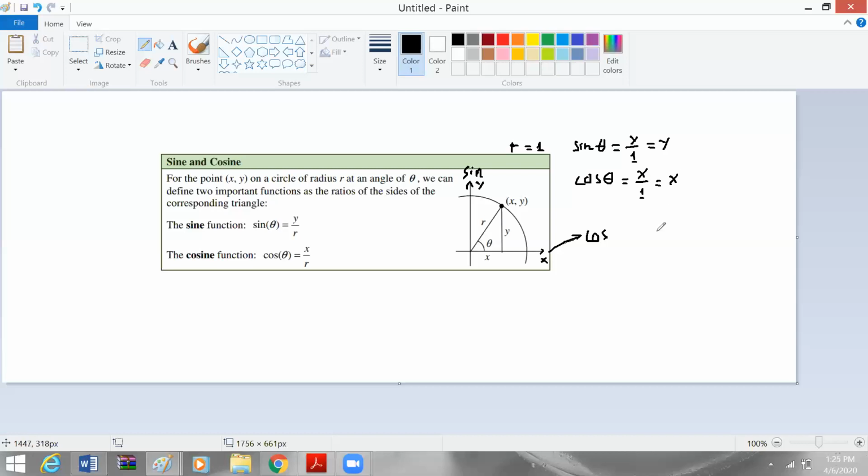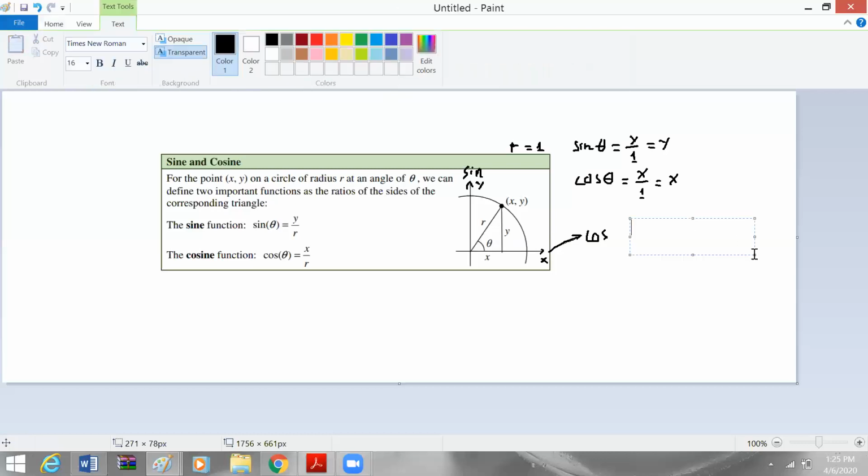A very important identity for trigonometry comes from using the right triangle property, the Pythagorean theorem. This is what we call the right triangle.